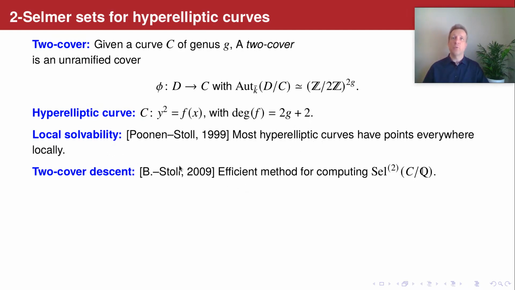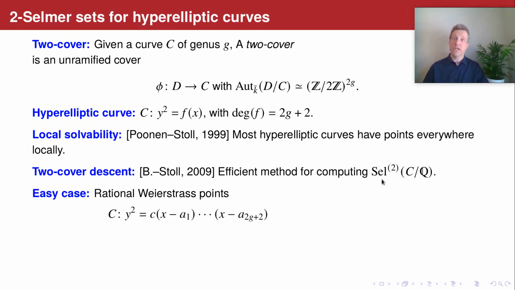And in joint work with Stoll, we provided relatively efficient methods for computing the 2 Selmer set of a hyperelliptic curve. A particularly easy case there would be if the curve had all its Weierstrass points rational, that's to say, if the polynomial f factors into linear factors.